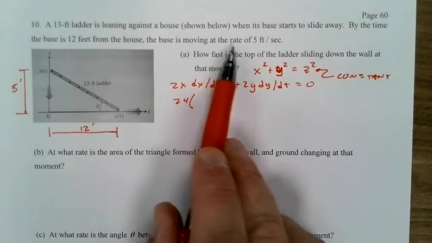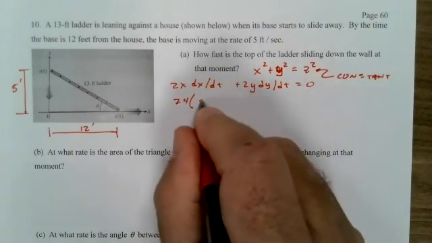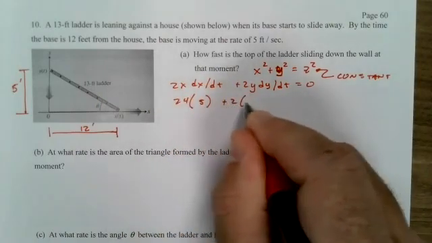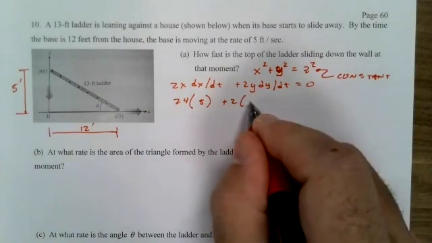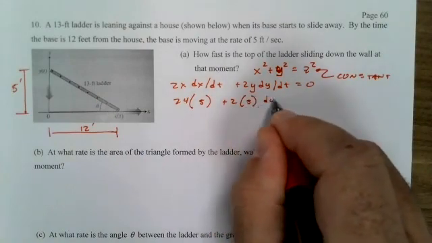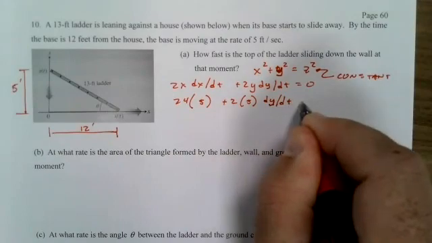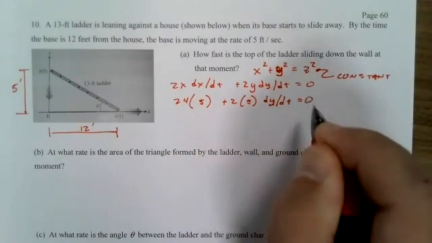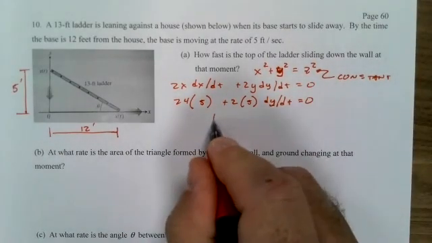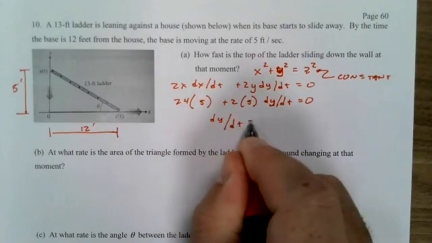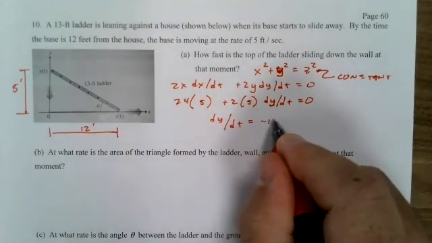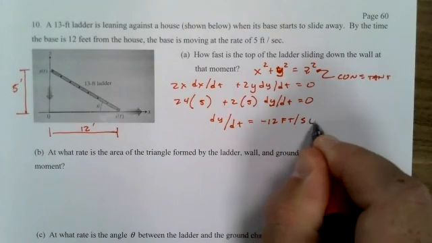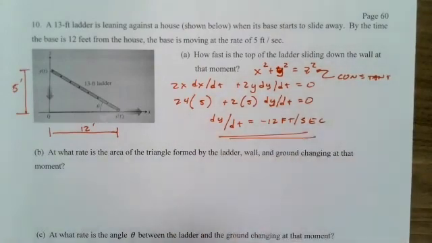Time, base is moving, times 5, plus 2 times 5 times 2y dt equals 0. So dy/dt comes out negative 12 feet per second, which makes sense. It's heading down the wall.